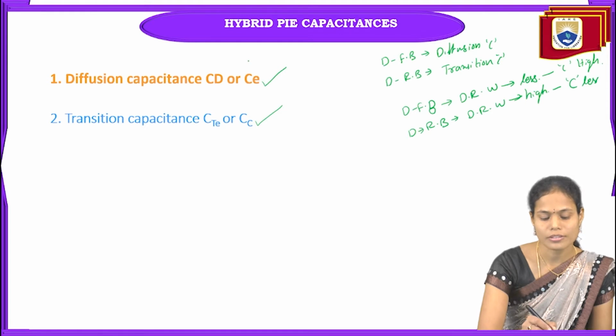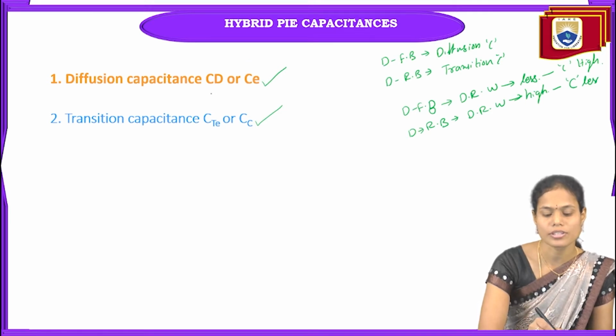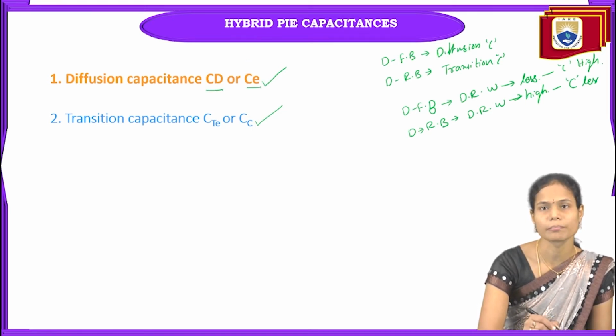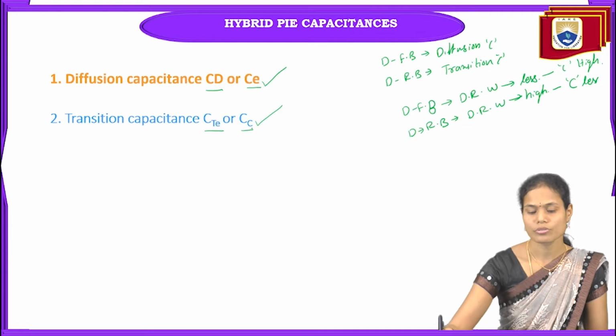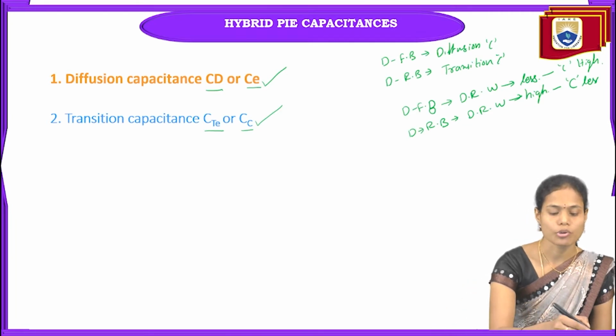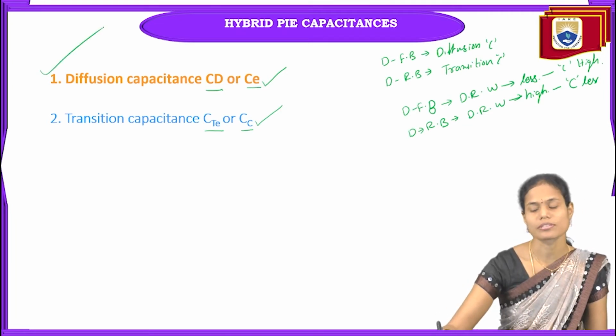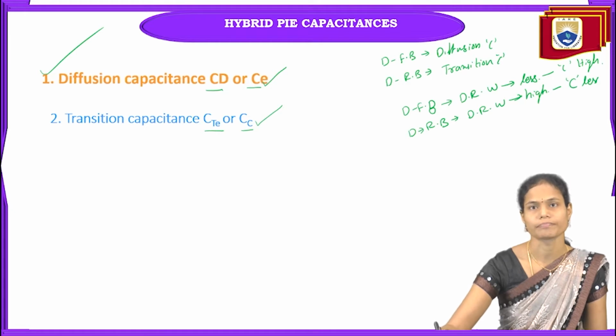And we can represent the diffusion capacitance as CD and the transition capacitance as CT. So now first we'll discuss this diffusion capacitance.